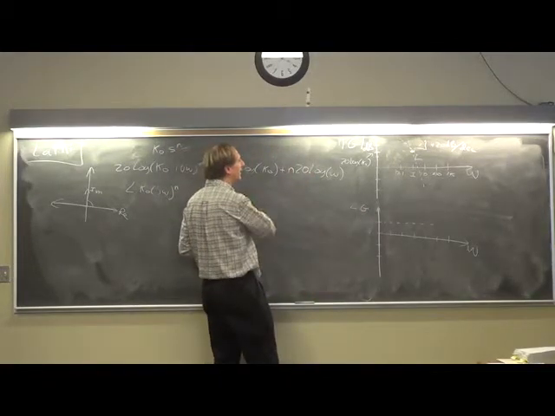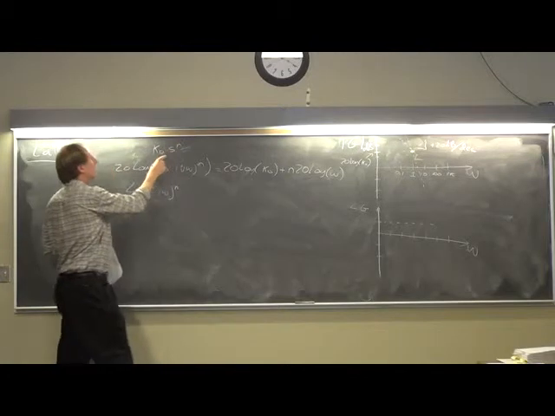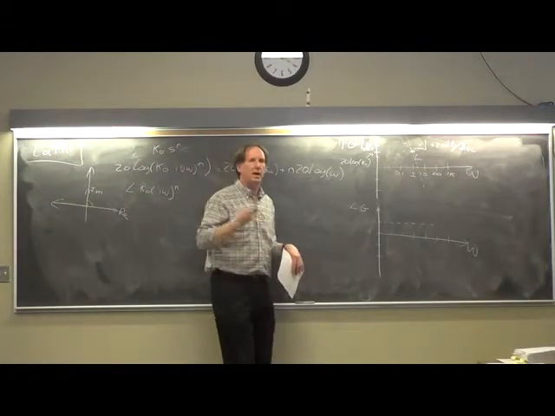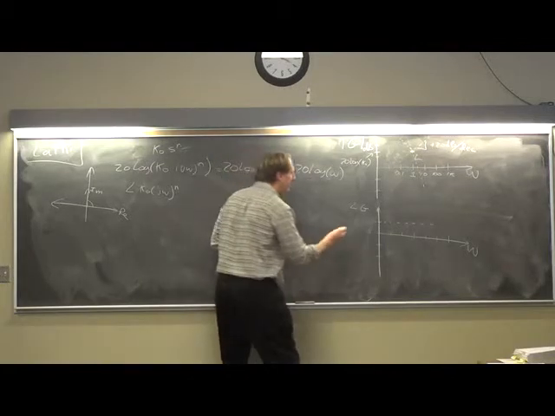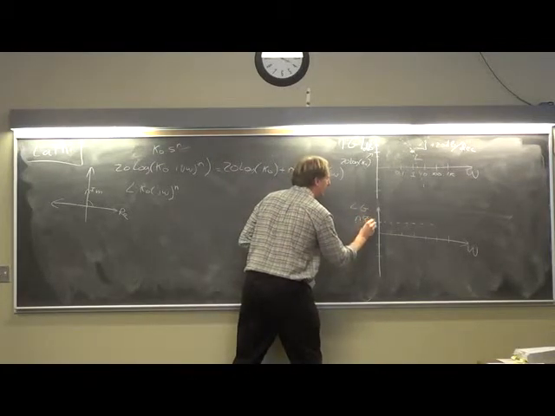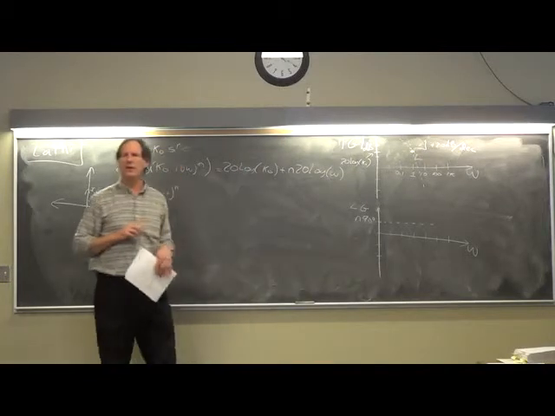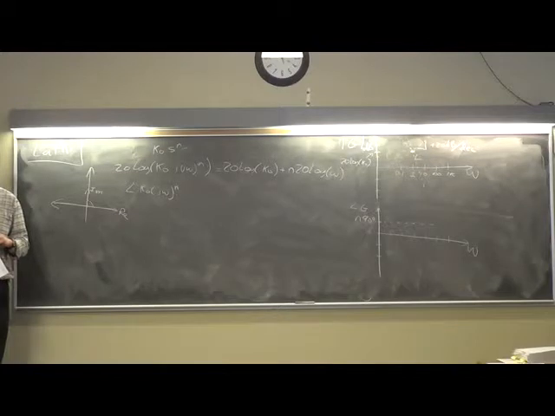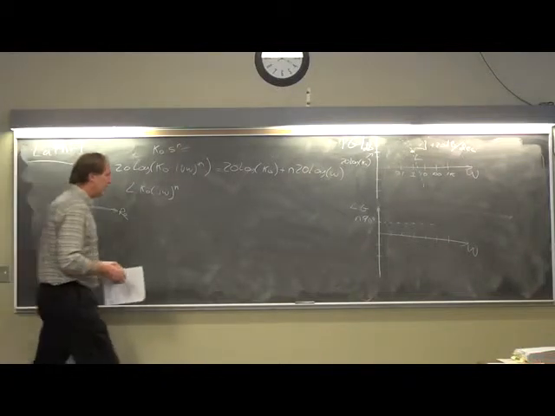For a real root at the origin, the phase is n times 90 degrees, whatever n is. You now know everything you need to know about first order roots, whether they be zeros or poles, at the origin. Any questions about that?